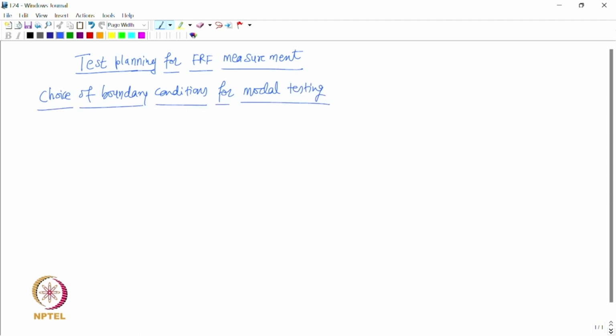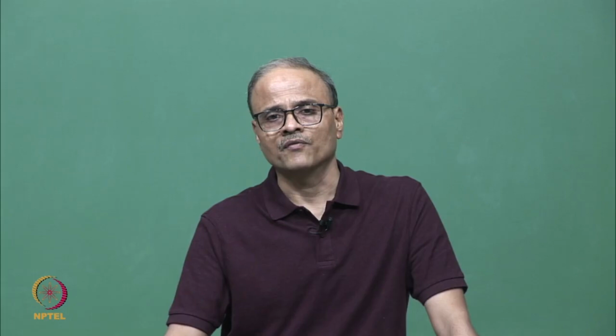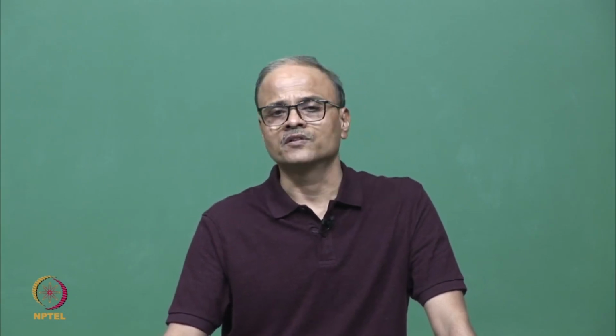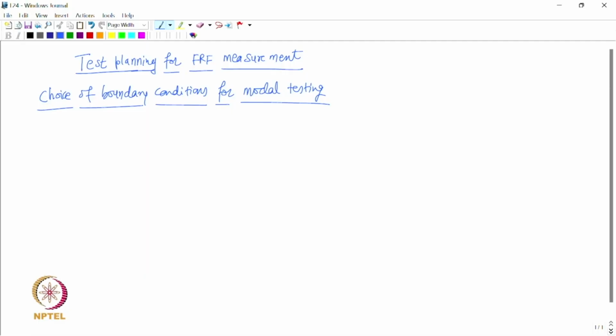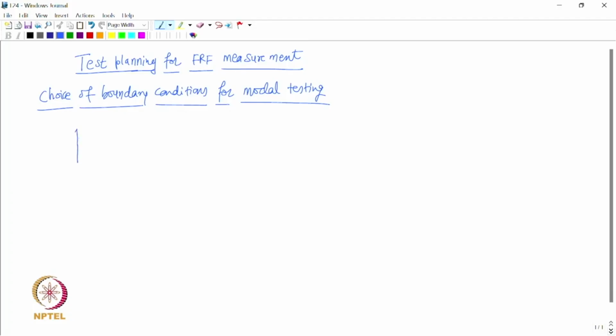One thing we should note is that the boundary condition affects the system's natural frequency; its modal properties are affected by the boundary condition. One example could be a cantilever beam of certain geometry and material, which has certain natural frequencies.